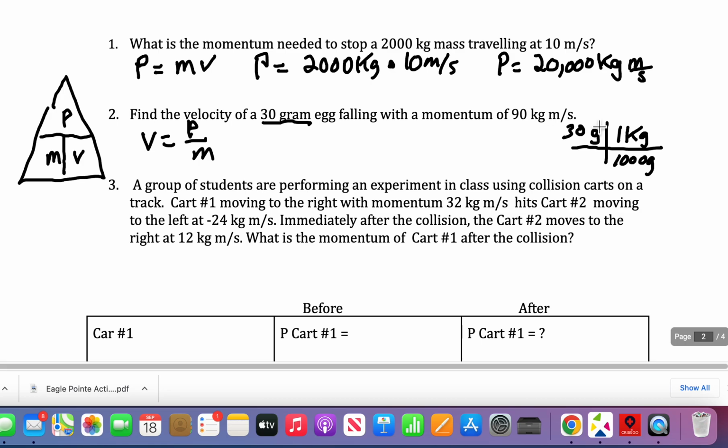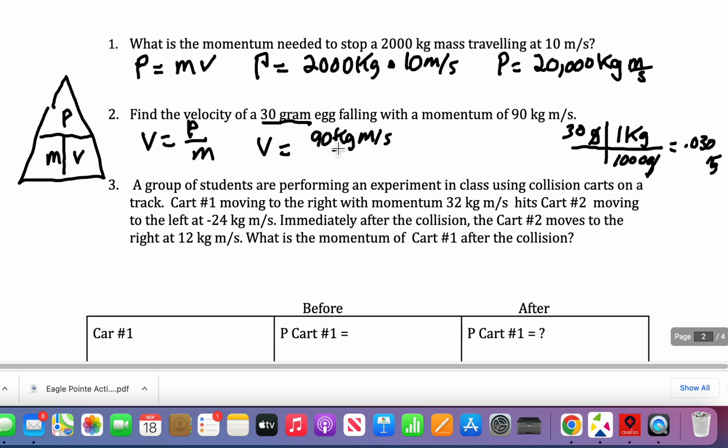All right, notice how I have grams diagonal from grams, so they cancel. So 30 divided by 1,000 is 0.030, so 0.030 kilograms.